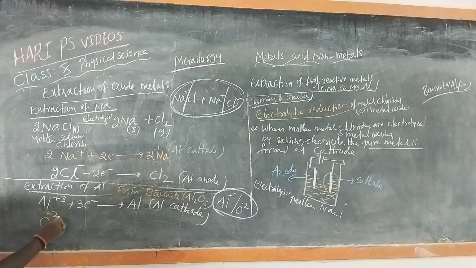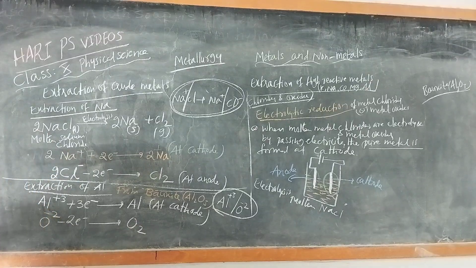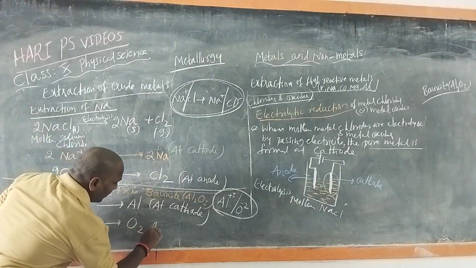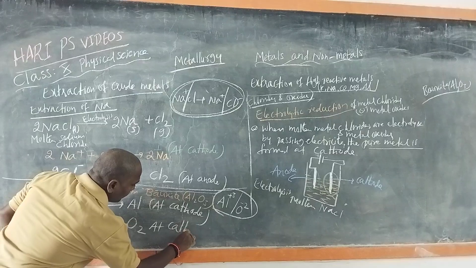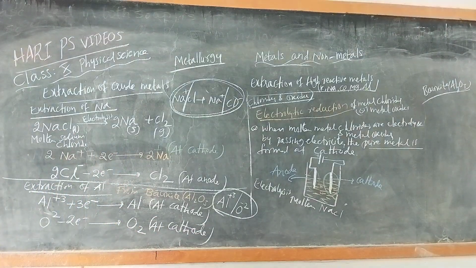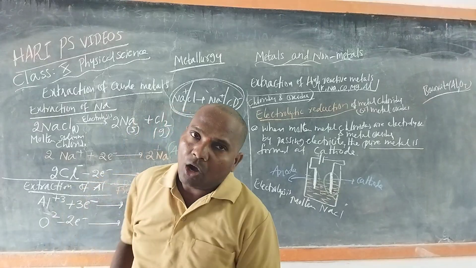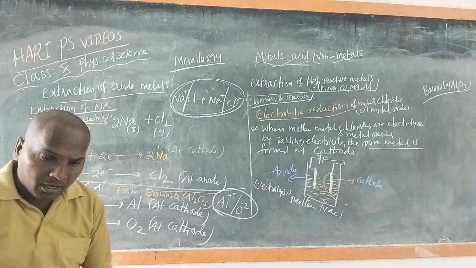Whereas O2- loses 2 electrons and forms oxygen. This takes place at the anode. So finally, aluminium oxide is dissociated and forms aluminium and oxygen.